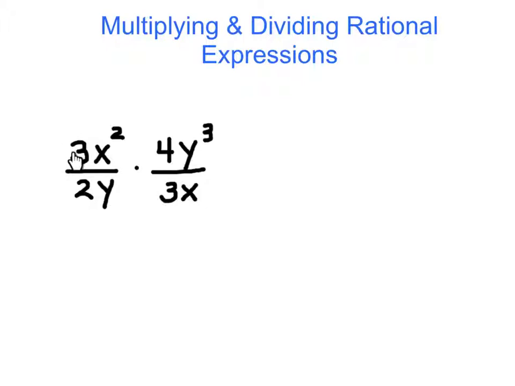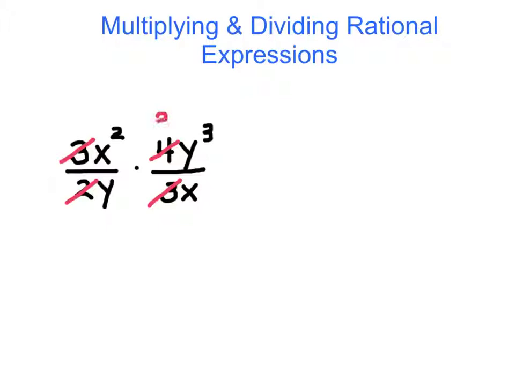Because the numerator is all multiplication and the denominator is all multiplication, we can cancel out like factors. Let's start with the 3. There's a 3 in the numerator and a 3 in the denominator. They cancel out. In the denominator there's a 2, and in the numerator there's a 2 times 2 for the 4.